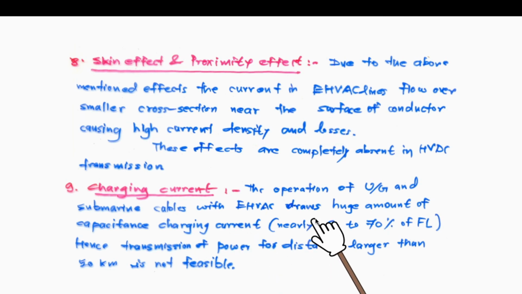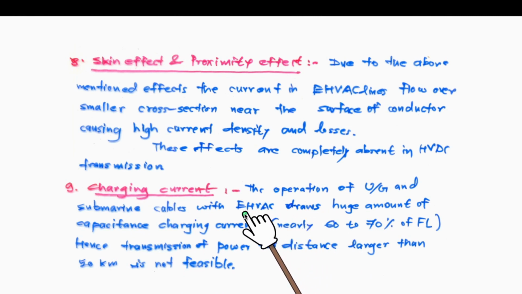Okay, charging current. The operation of underground and submarine cable with EHV-AC. अगर हमें कभी अंडरग्राउंड केबल यूज करना है, एक आइलैंड से दूसरे आइलैंड पे पावर भेजना है, तो टावर से नहीं ले आ सकते, केबल यूज करेंगे.